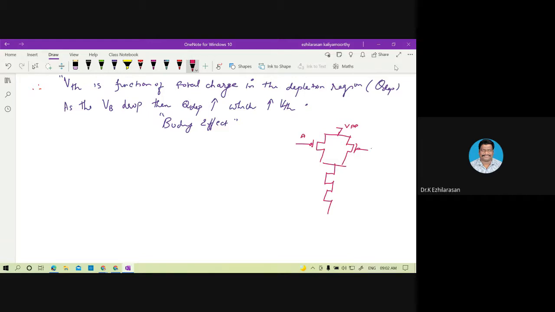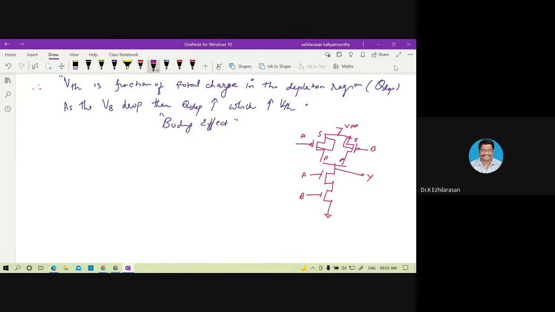This is A, this is B, same like A, B. But here you have not considered the bulk. The output will be taken here. For PMOS, always the substrate will be connected to the source terminal. This is the source, because for PMOS, always the power supply is connected to the source only. Then that is the drain.